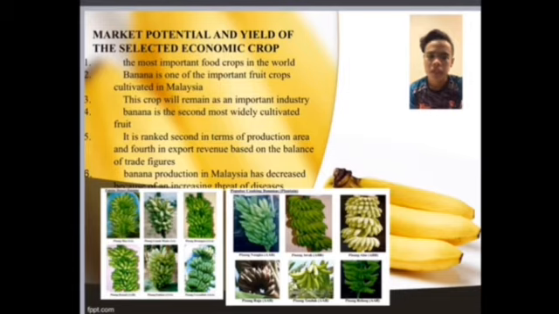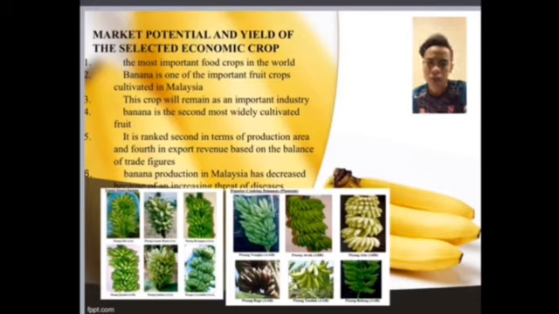Banana remains the second most important fruit crop after durian in Malaysia, amounting to about 50% of the total area under fruits. Traditionally, it is grown as a cash crop or temporary intercrop with oil palm, rubber and other perennial crops. There are only a few large banana plantations in Malaysia.